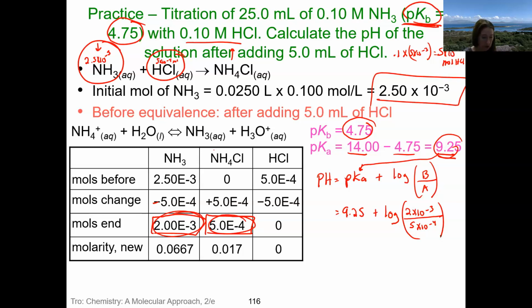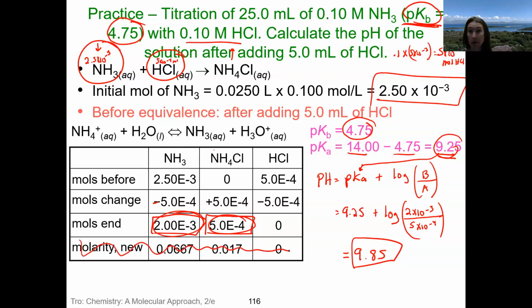So let's see here, 9.25 plus the log of 2e negative 3 divided by 5e negative 4, in parentheses, and I get 9.85 for my pH. Now again, you could have done it with the molarity, but with Henderson-Hasselbalch, you don't have to. You can just leave it in moles because the volume is the same for each. So when you divide them, they cancel each other out anyway. So I just leave it in moles for Henderson-Hasselbalch. Makes my life easier. I don't do this last step if I have Henderson.